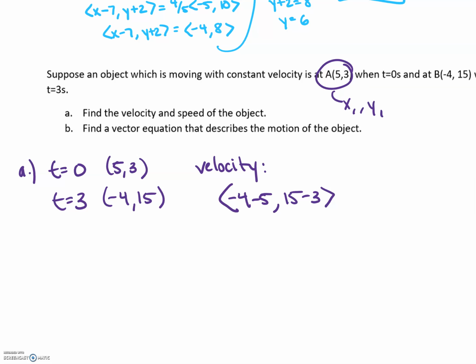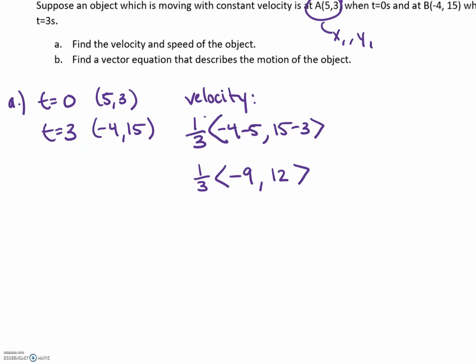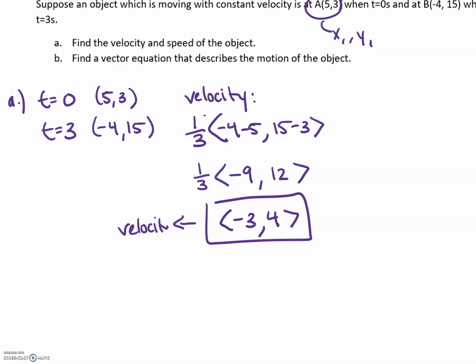Well, it took 3 seconds, so I'm going to take 1/3 of that to get my constant velocity. So 1/3 of <-9, 12>, since negative 4 minus 5 is negative 9 and 15 minus 3 is 12. If I take 1/3 of it, my constant velocity will be <-3, 4>. So that's going to be my velocity.